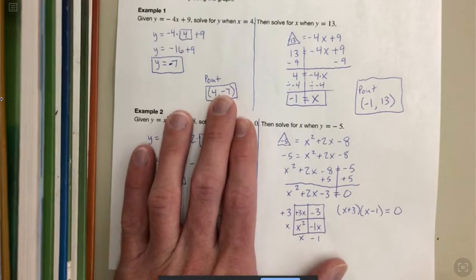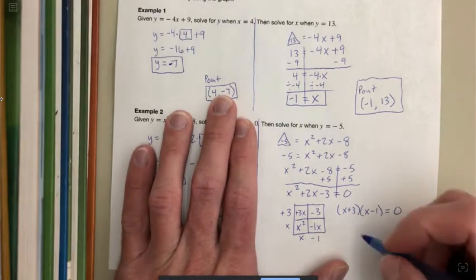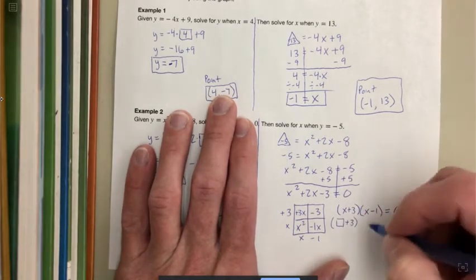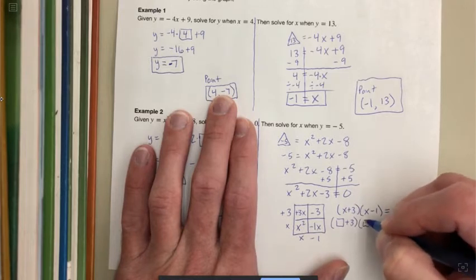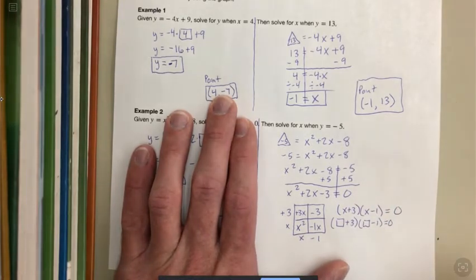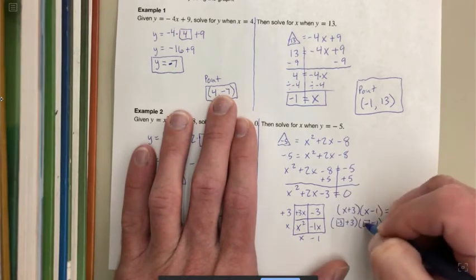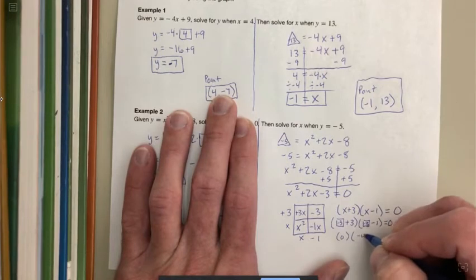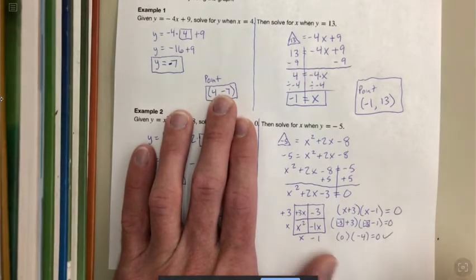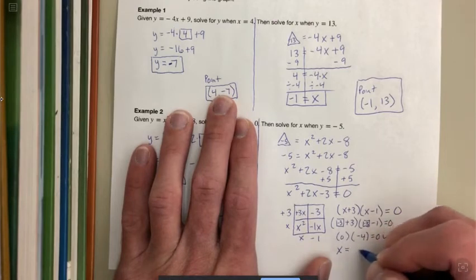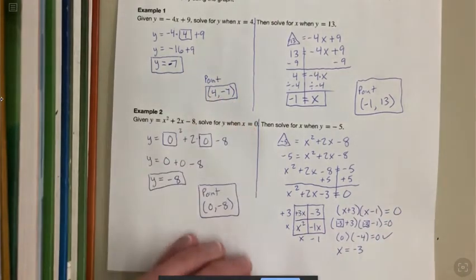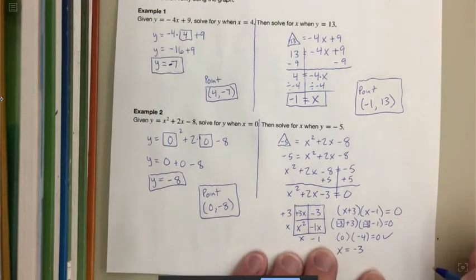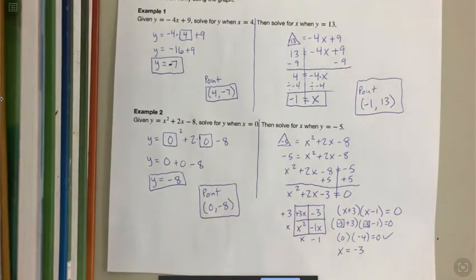So now, because of this, I'm betting there's two solutions. So if I'm thinking about what values can go in for x to make all this 0, I'm betting a -3 is going to work, because that'll get me 0 times -4 equals 0, which is definitely true. So x equals -3 is one option. And let me get a little bit more space here.